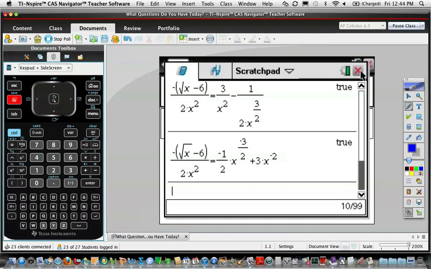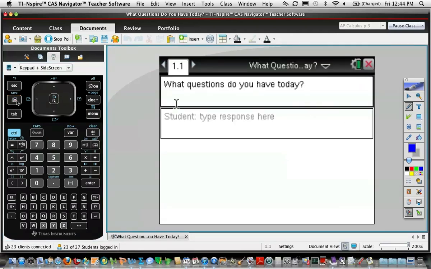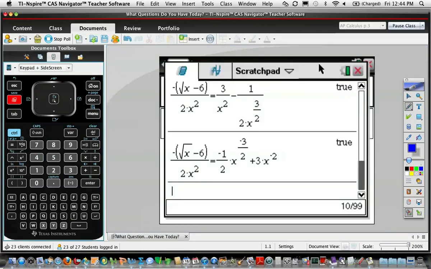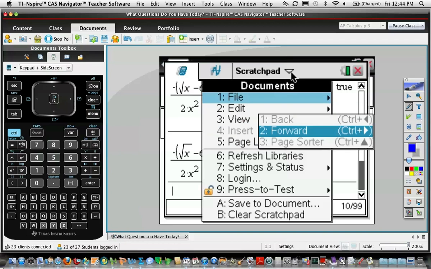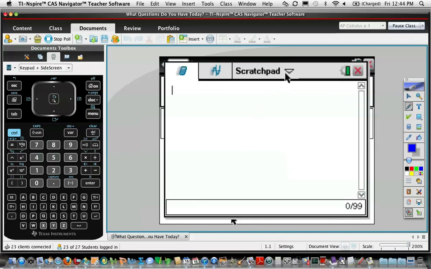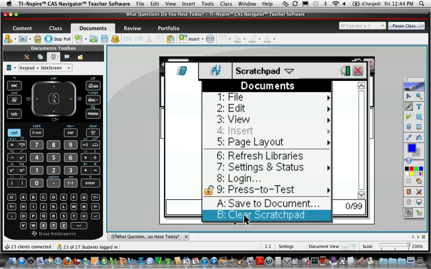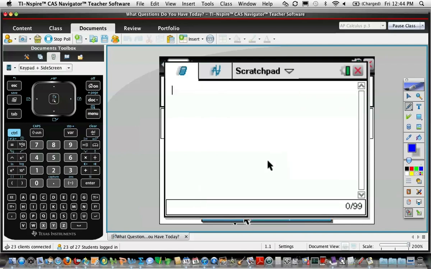Uh-oh. If anybody wants to know how to clear the scratch pad, you go up, click on that little triangle right here, and it says clear scratch pad. If you want to get rid of that stuff, if you have some stuff on it.